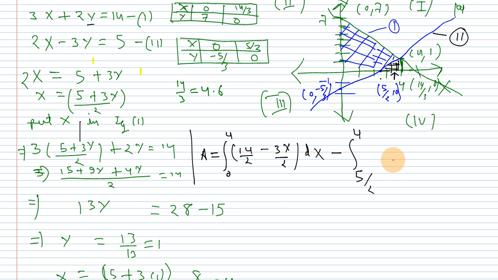So the value of y from this equation is coming to be how much? That will be (5 minus 2x) divided by minus 3, so it becomes minus 5 by 3 plus 2x by 3. Okay, we have to integrate this, and we have to subtract it from this area. Okay, so let's solve this.